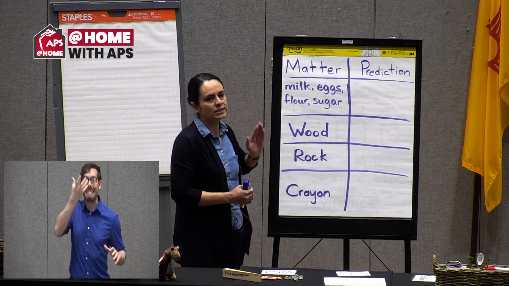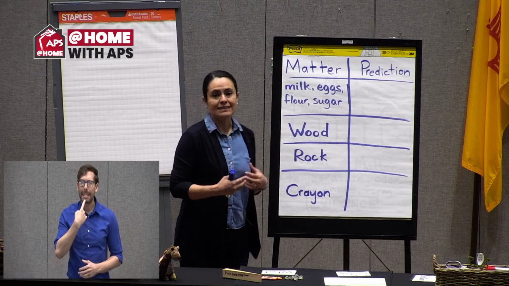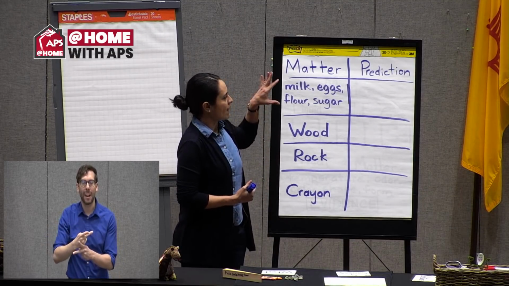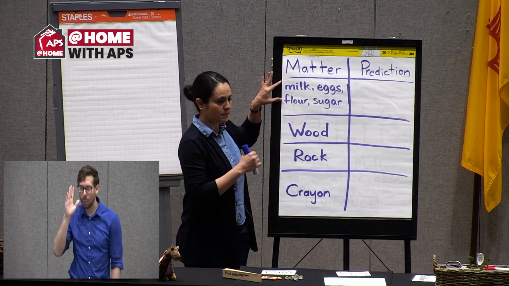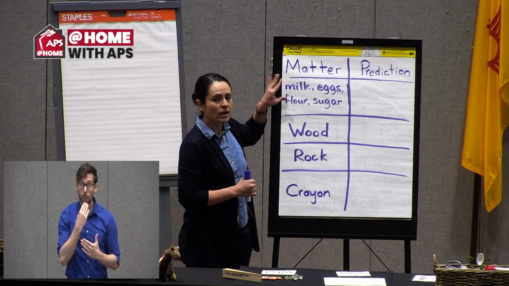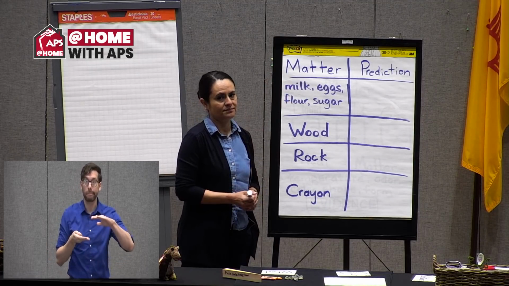What do you predict would happen? When I talk about heat, heat is a type of energy that changes the temperature. So if I take these mixed food items and put them on the stove or in the oven, what could we get?